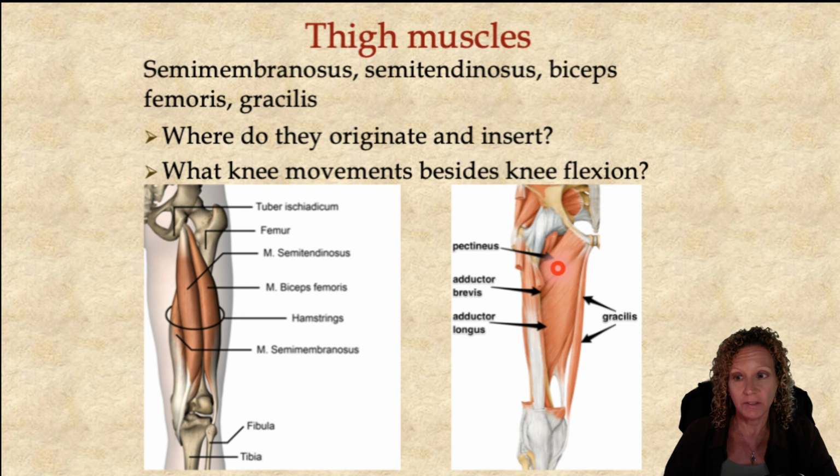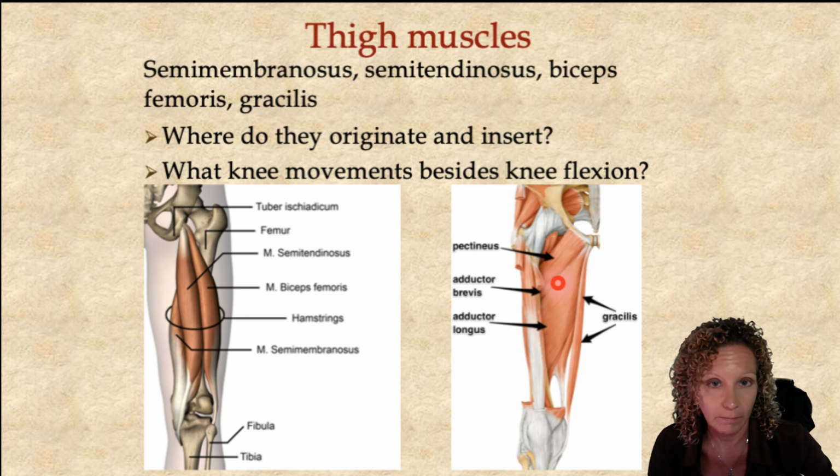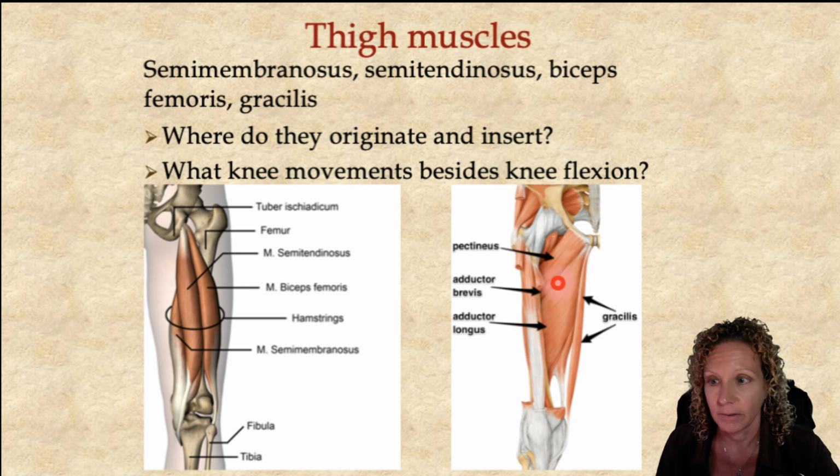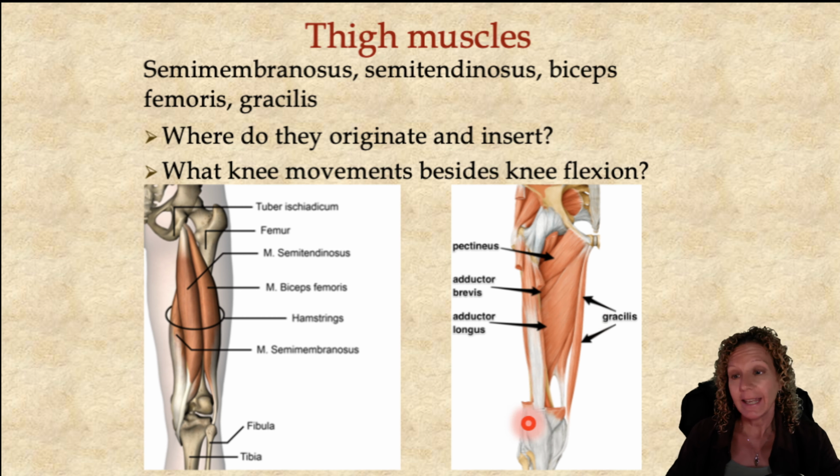I mean, look at what's nearby: the adductor femoris. Although you should note that in humans, what's called adductor longus and adductor brevis are like adductor femoris. And so that also does some adduction.